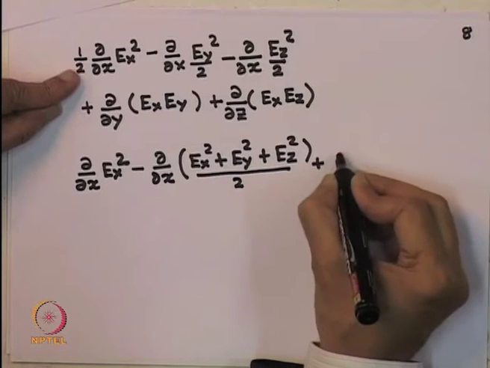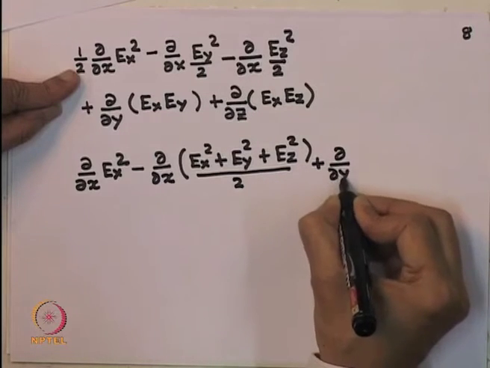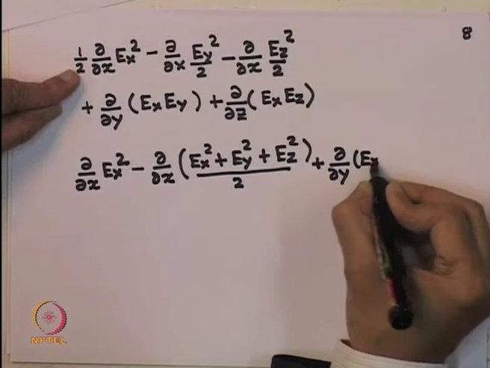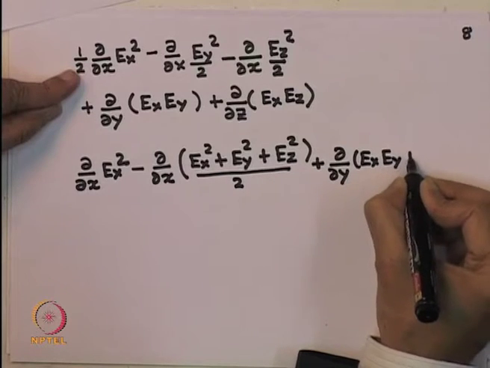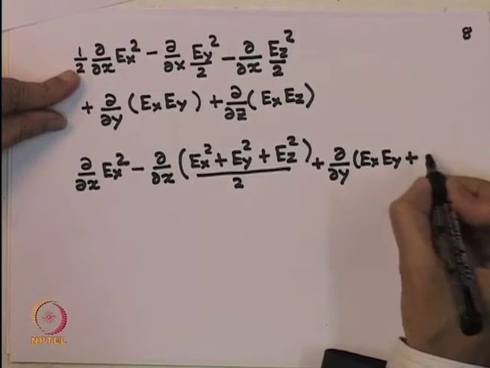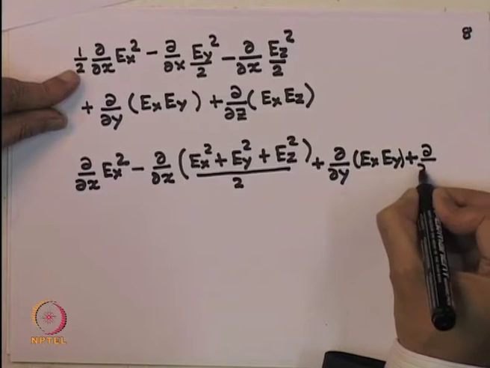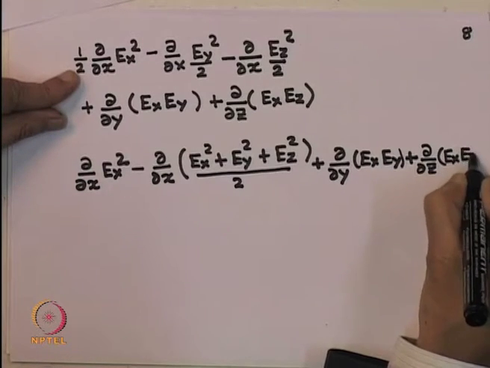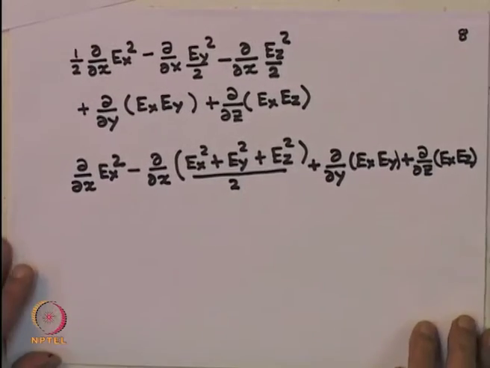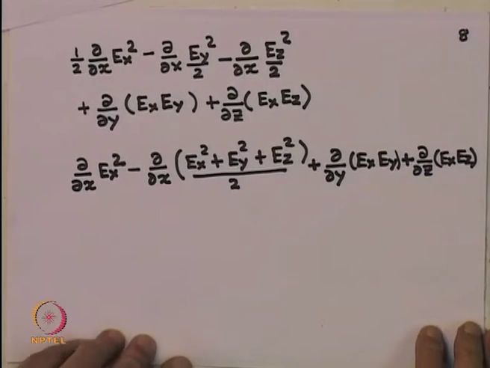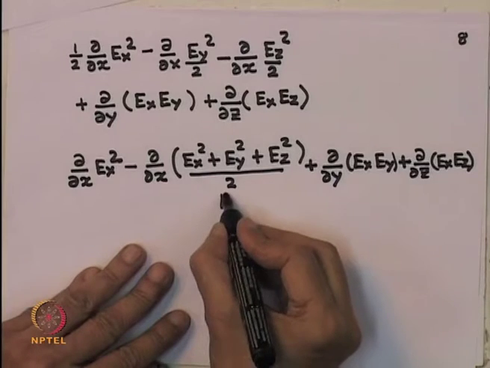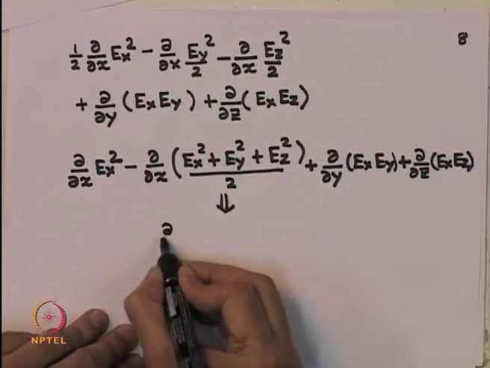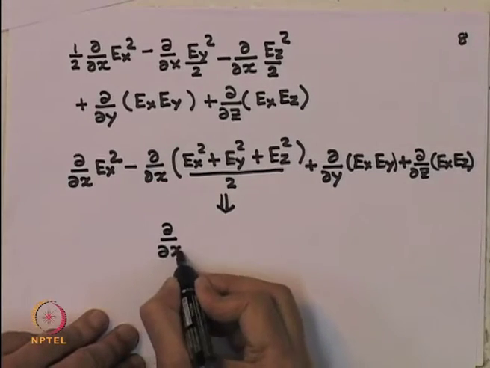And then these terms which are d by dy of E x E y plus d by dz of E x E z. Notice the symmetry now that has come in. This is nothing but d by dx of E square.